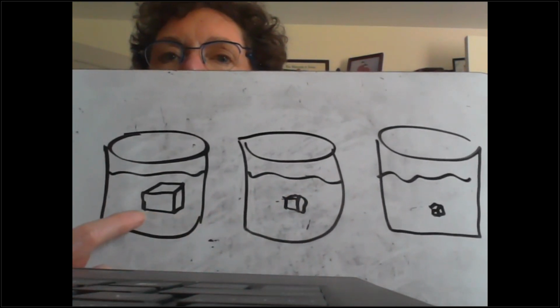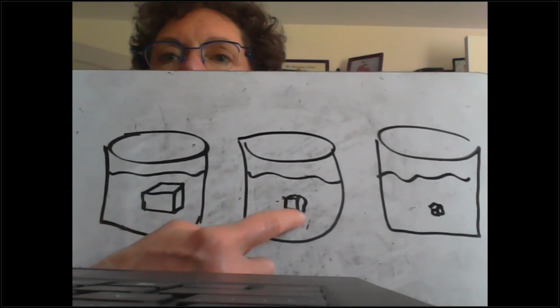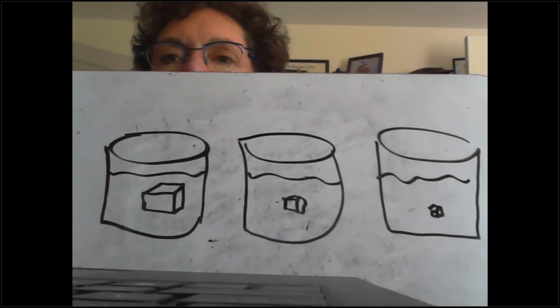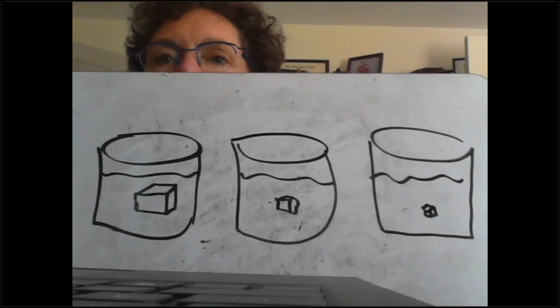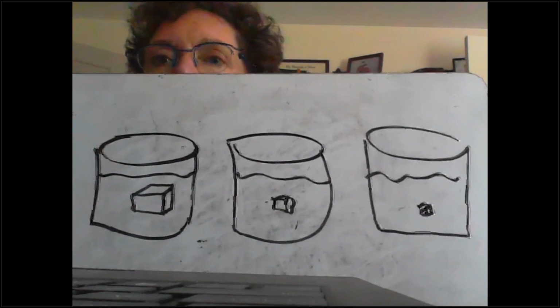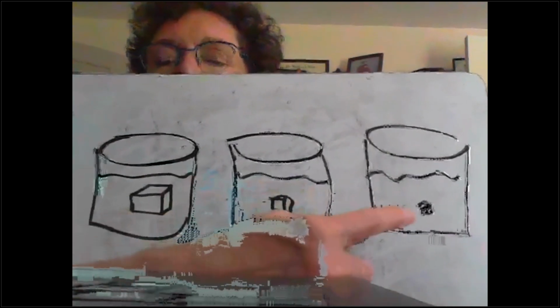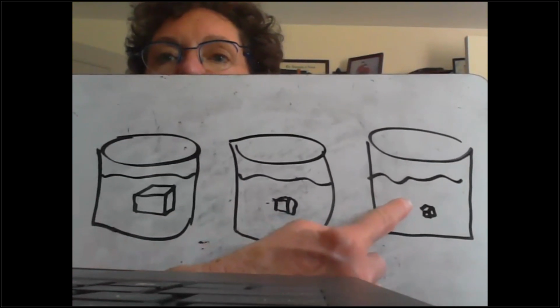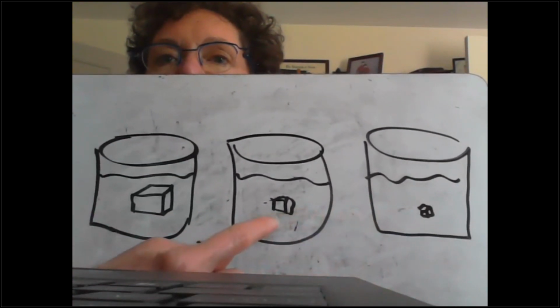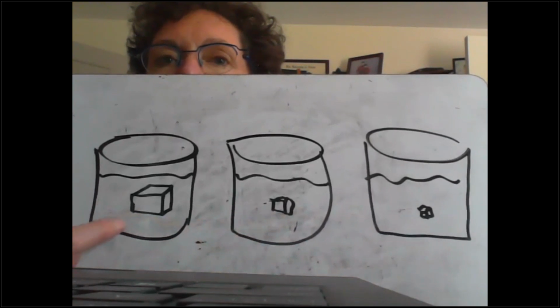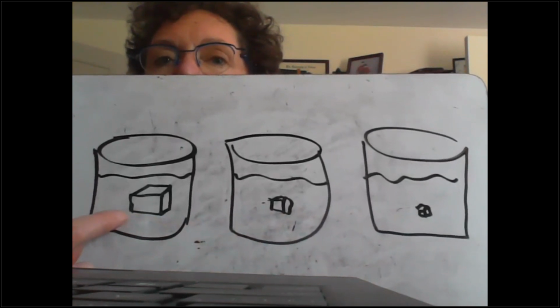So what is the different thing in this picture? I put a little sugar cube in here, a medium-sized sugar cube in here, and a big sugar cube in here.